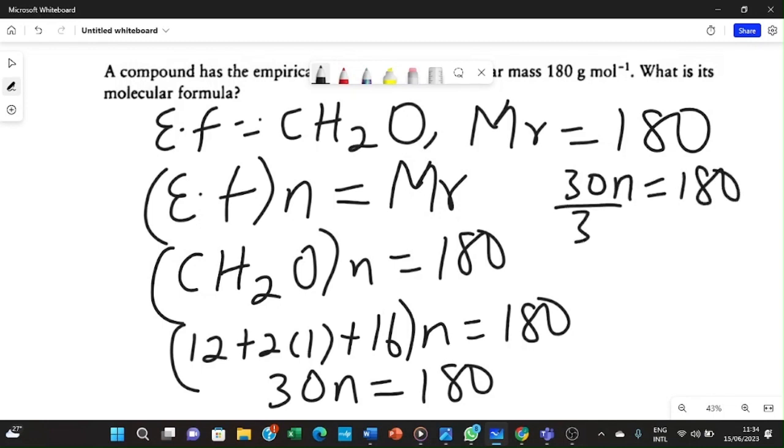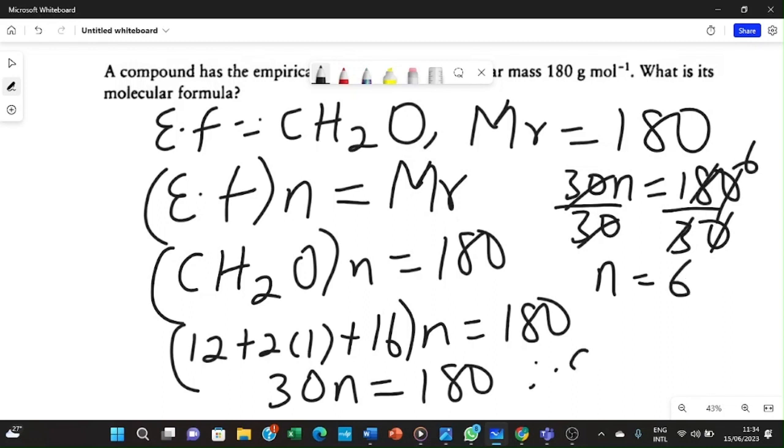Divide both sides by 30 to get n. n now will be equal to 6. Therefore, the molecular formula will be equal to what?